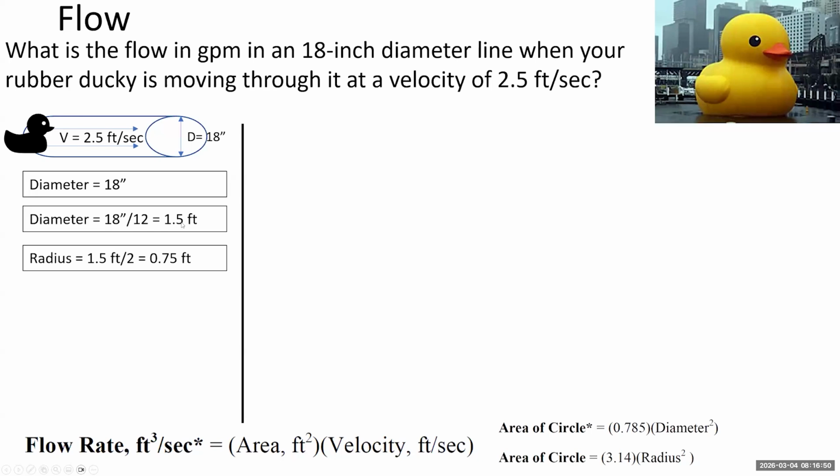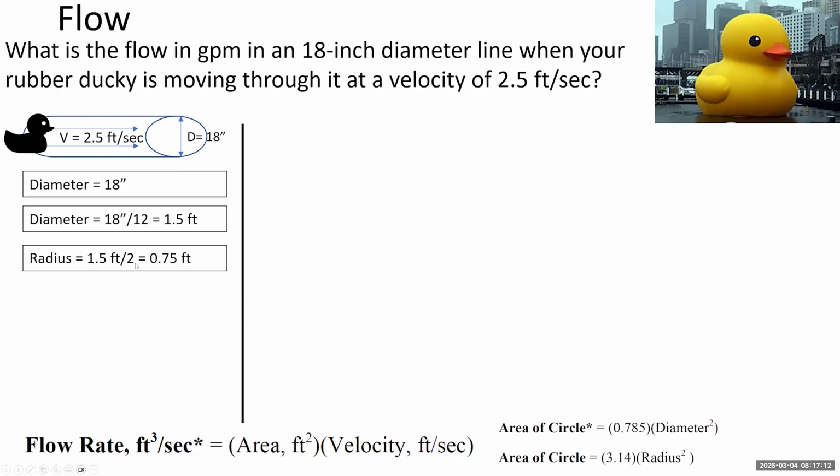So that's 1.5 feet. And we know the radius is half of that number, right? The radius is half of the diameter. So the radius here is 1.5 divided by 2, or times 50%, or however you like to do halves. But that's 0.75 feet. So now we know the velocity and we know the radius of the pipe.